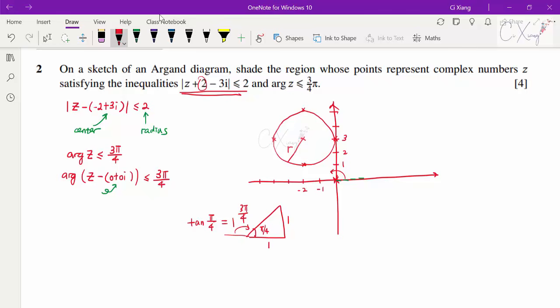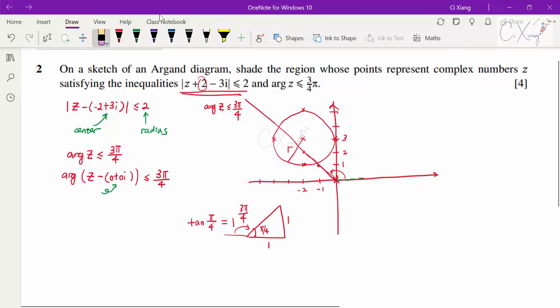So our line will pass through (0, 0) and also through (-1, 1). My line will look something like this. It will pass through (-1, 1), then (-2, 2), then (-3, 3). If you connect the points together, my graph will look something like this. So this is the argument of Z.